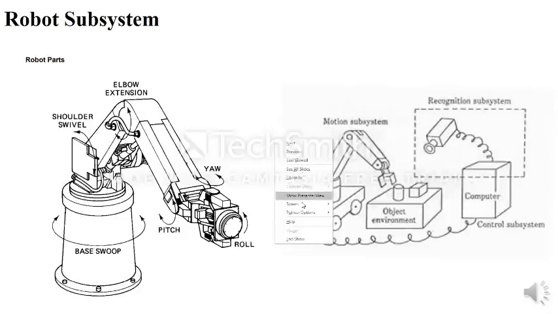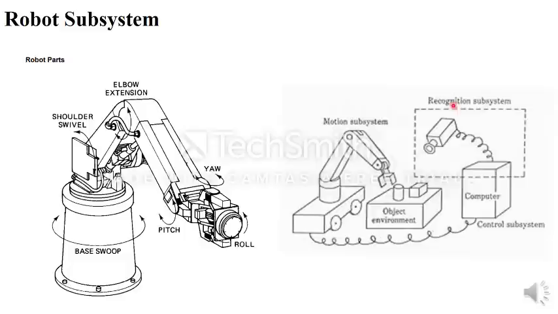Clear? So robot parts are what? Base, it has a revolute joint, it is like a hip. So this is the upper arm, lower arm, and wrist. Got it?